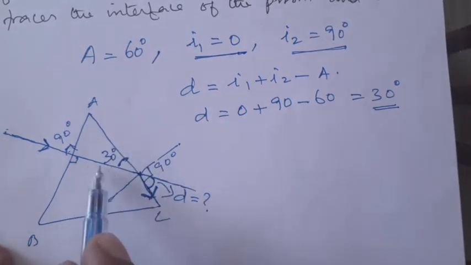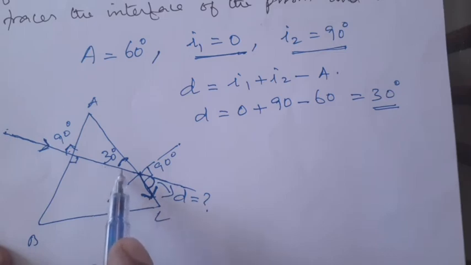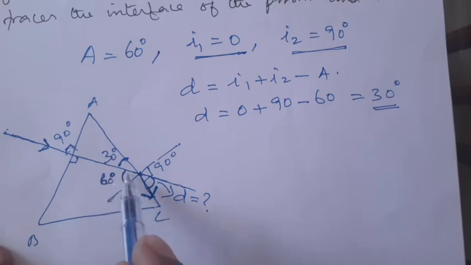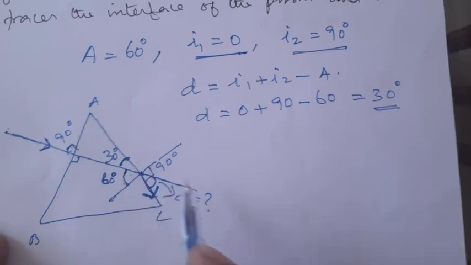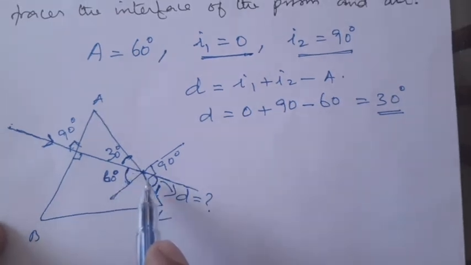Now the incident ray and the normal make an angle of 60 degree, so your 60 degree is the critical angle for which the ray suffers total internal reflection and grazes through the boundary.